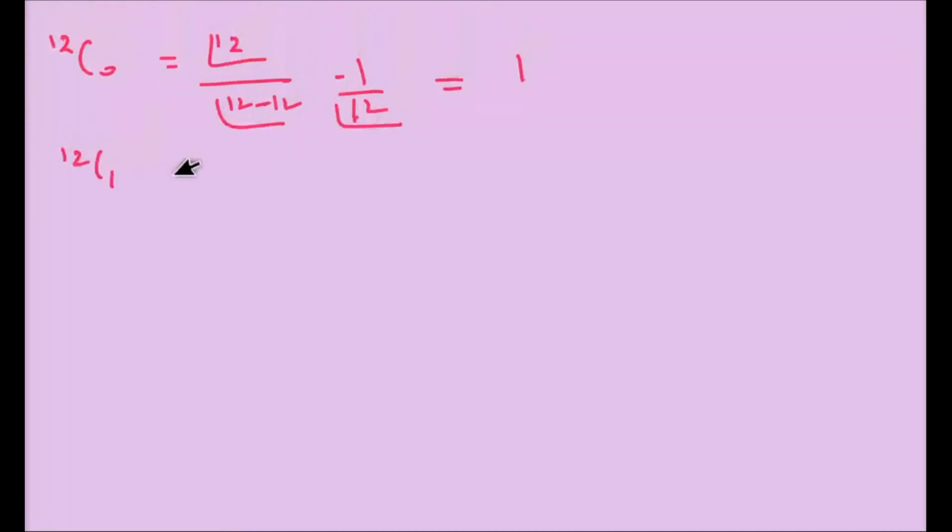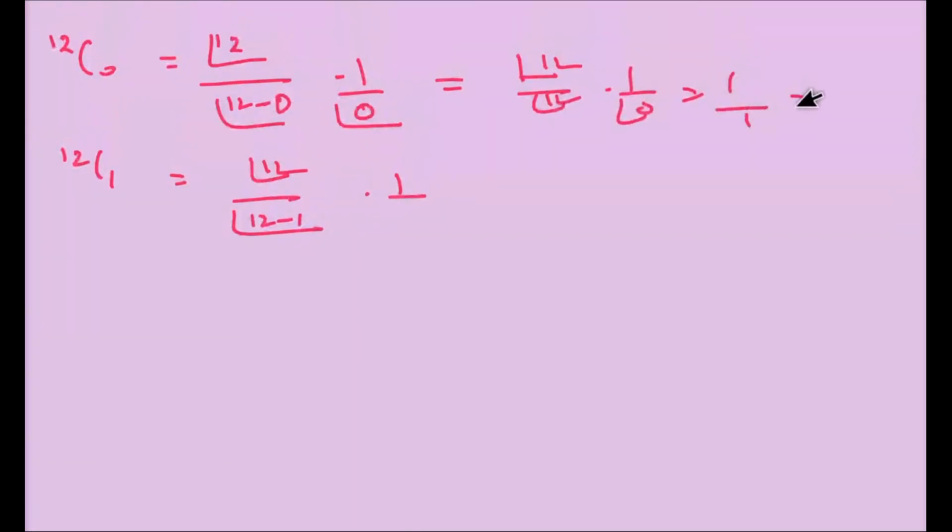So 12C1 we can write as factorial 12 upon factorial 12 minus 1 into factorial 1. That is 12 into factorial 11 into 1 upon 1, equal to 12.